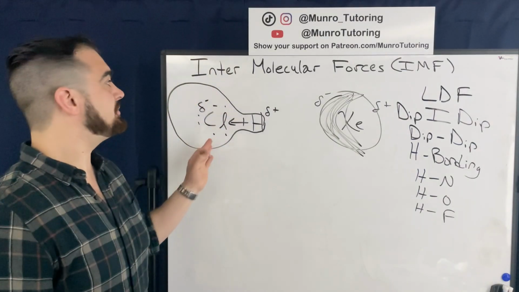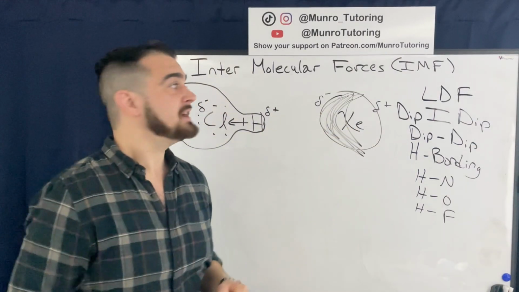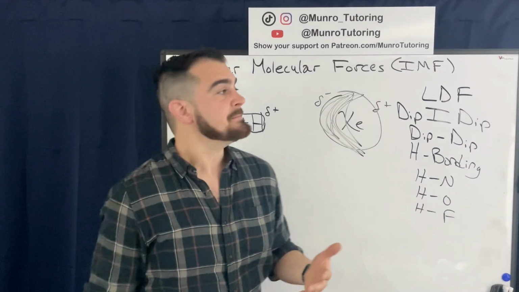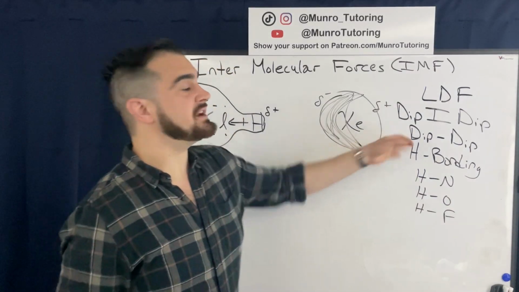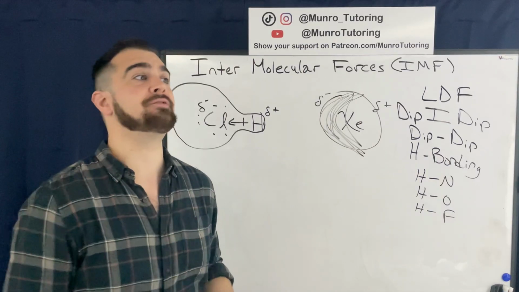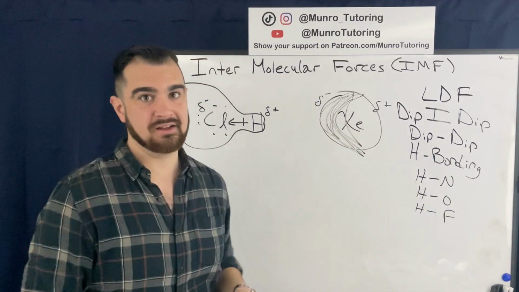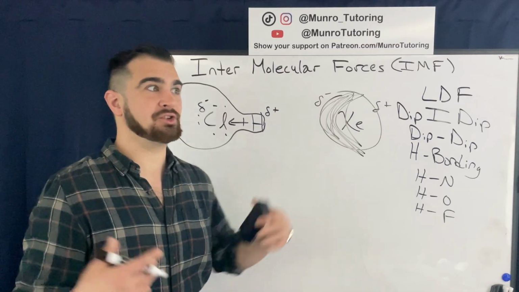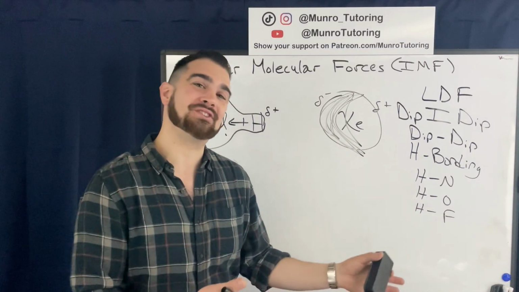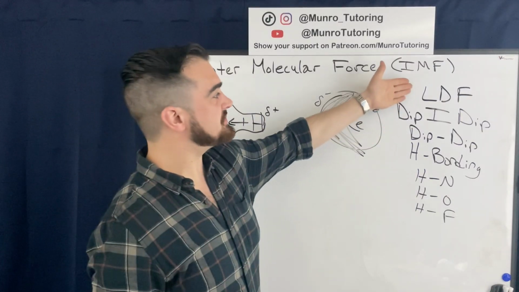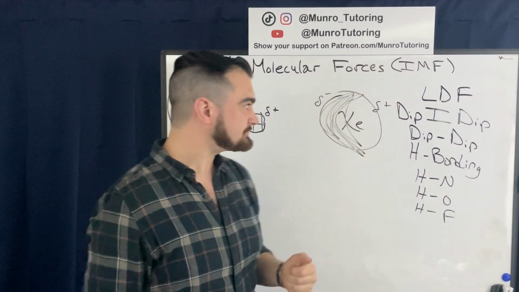So the dipole-induced dipole is going to be stronger than a pure London dispersion force in general, but not quite as strong as the dipole-dipole, because if you have two permanent dipoles, now you don't have to induce one, you just have two permanent dipoles that are just always attracted to each other, right? And so this is kind of somewhere in between London dispersion forces and dipole-dipole.